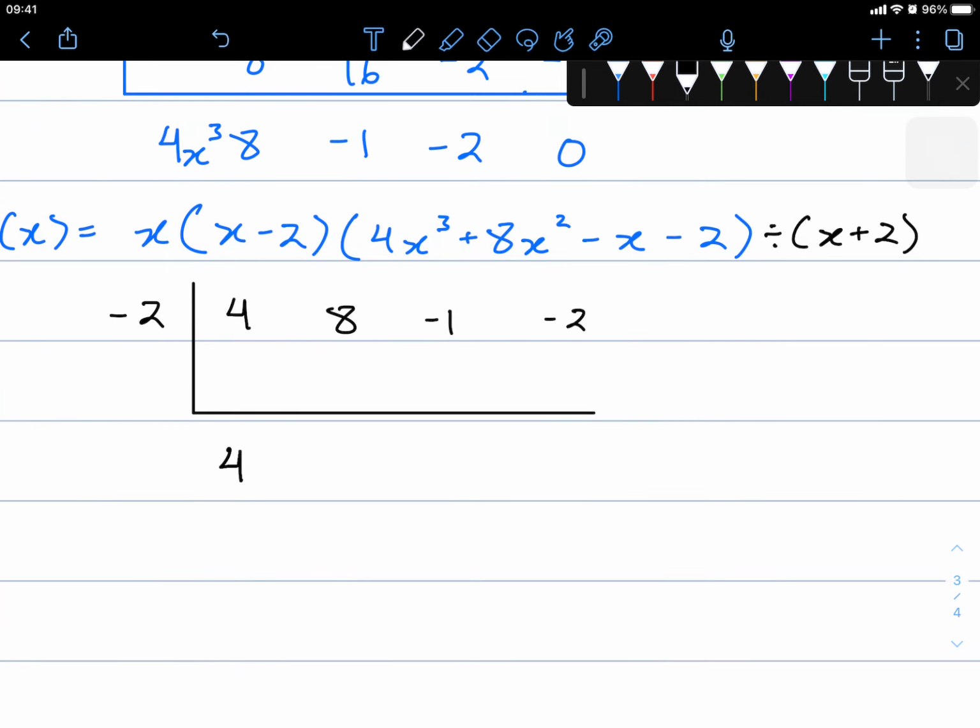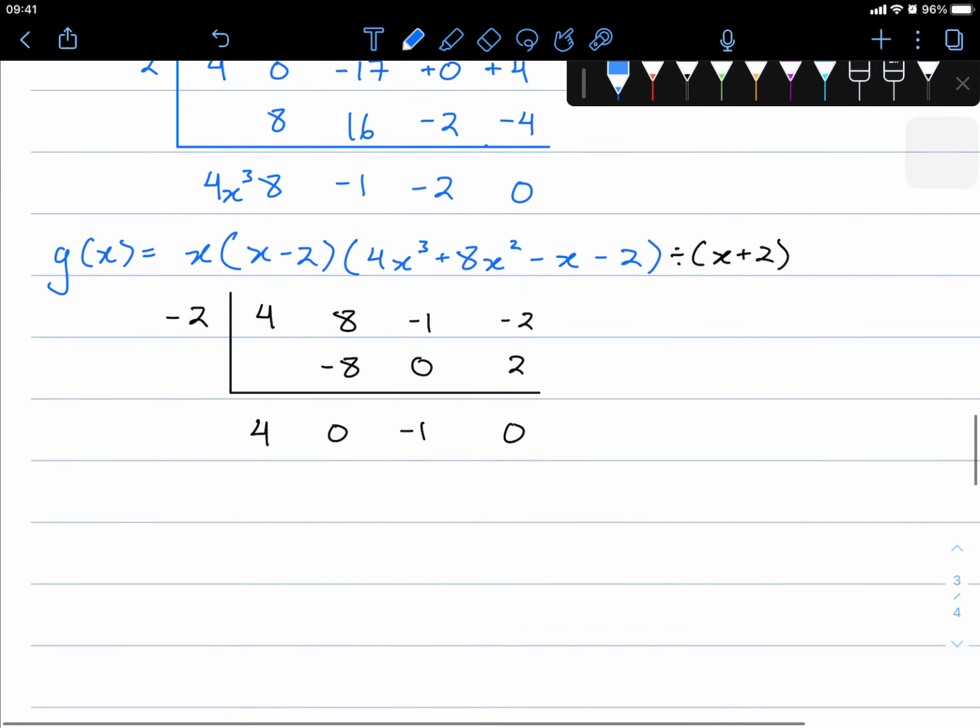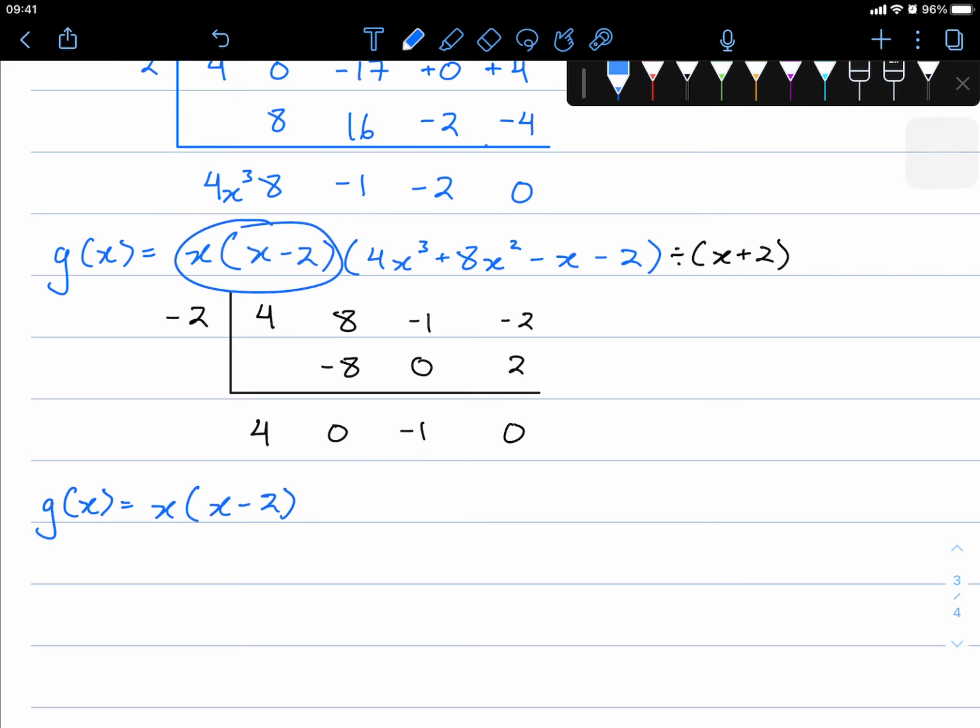Ignoring the first, multiplying, adding, multiplying, adding, multiplying, and then adding. G of x can be further divided into x minus 2, I'm just copying this one here, and x plus 2 here now.